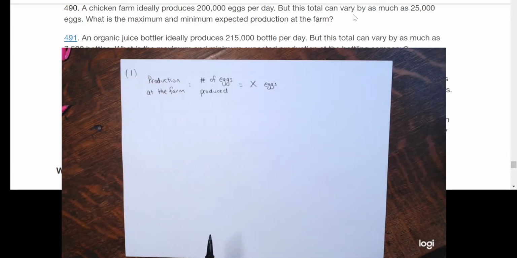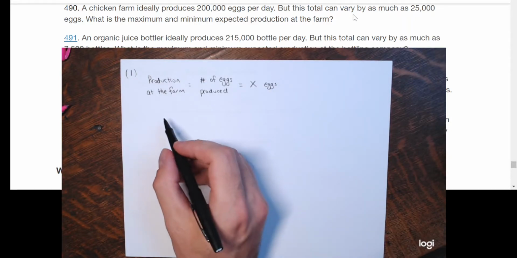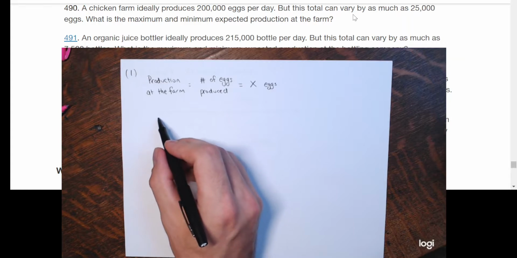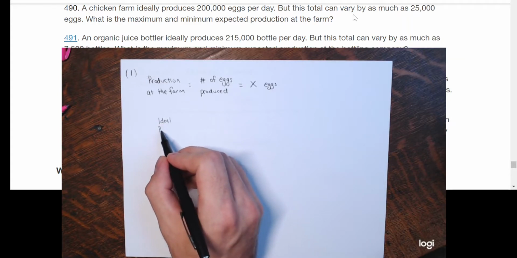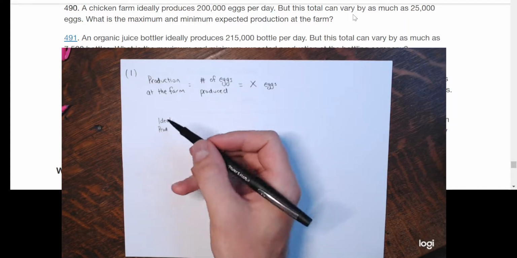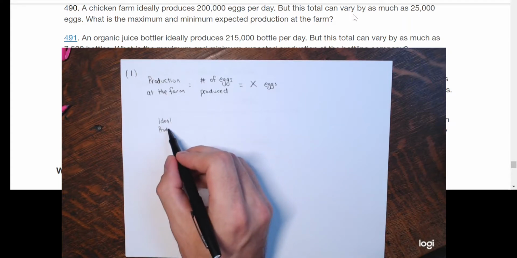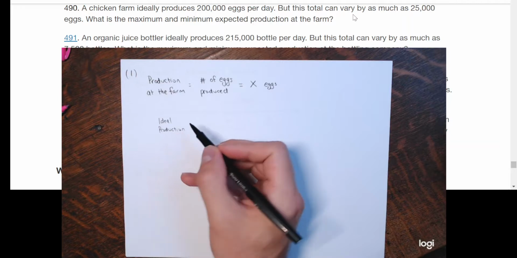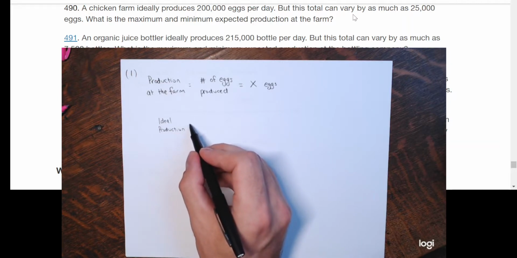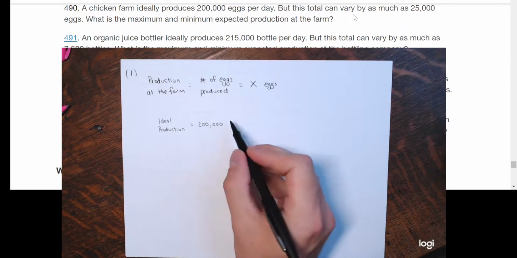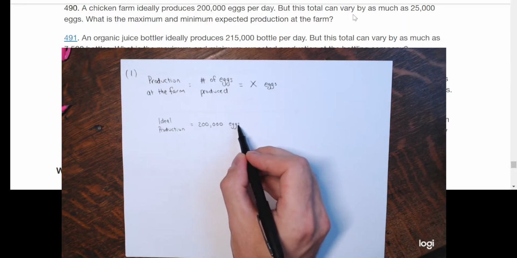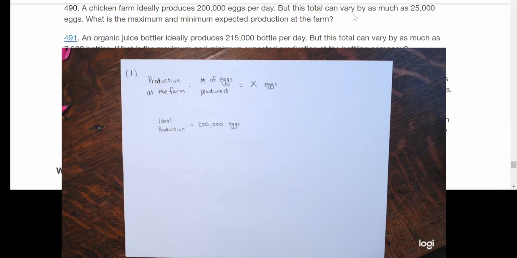Now they said that the ideal production, if they were doing it ideally, in a perfect world, the ideal production in a day is 200,000 eggs. But they're saying that this total can vary by as much as 25,000.